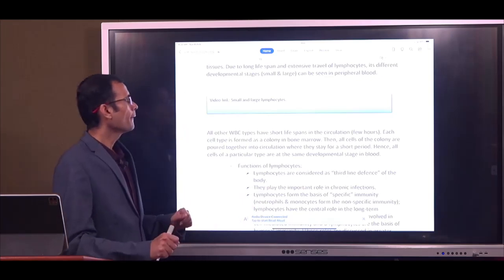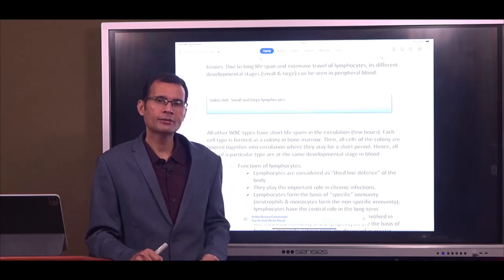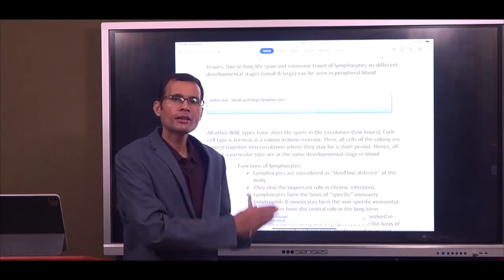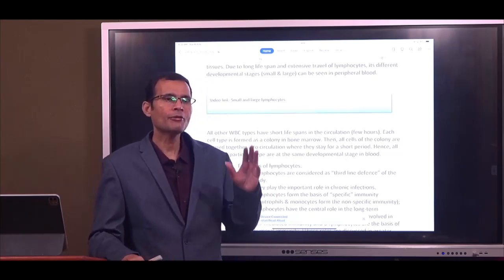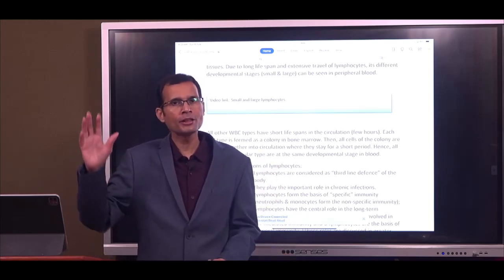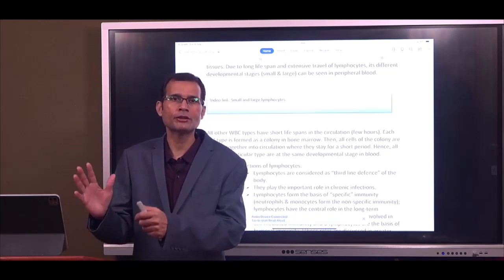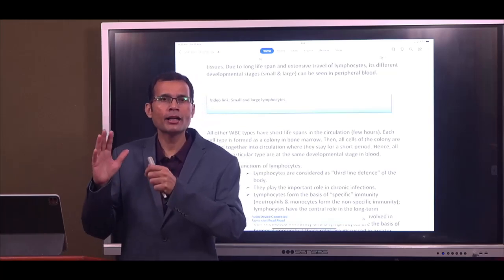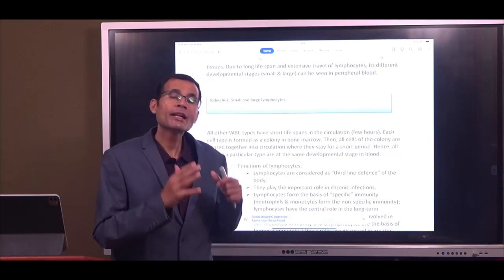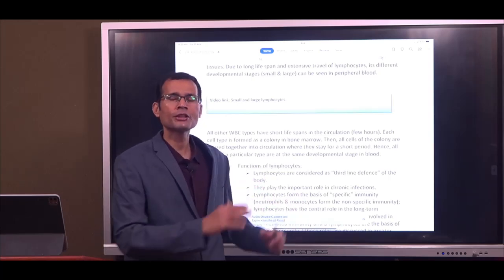Now coming to the actual question, why is it with only lymphocytes? The answer is, look, all the other WBCs have a very short lifespan in circulation. I mean, they are formed in the bone marrow, one colony of, let's say, neutrophils, formed in the bone marrow at one time, then comes into the circulation, remains in the circulation for the next 4 to 8 hours, and then goes into the tissues.